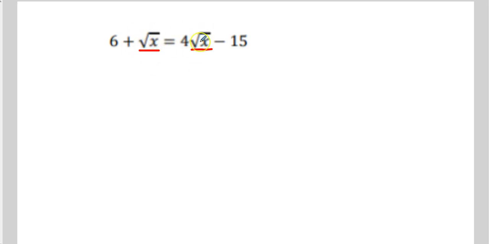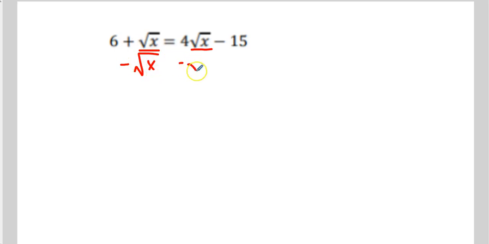So if I wanted to combine these together so that I can solve for it, we can do that. So what I need to do is either move this x to that side or this to that side. I'm going to move this one over to the right. So opposite of plus square root of x is going to be our minus square root of x to move it over.